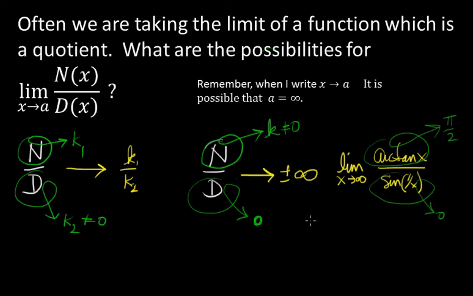Now, if you just take out your trusty calculator and put in x equals 1,000,000, you'll see that this quantity here is, oh gosh, it's way more than 1,000,000 itself. So as x approaches infinity, this quotient becomes large without bound.